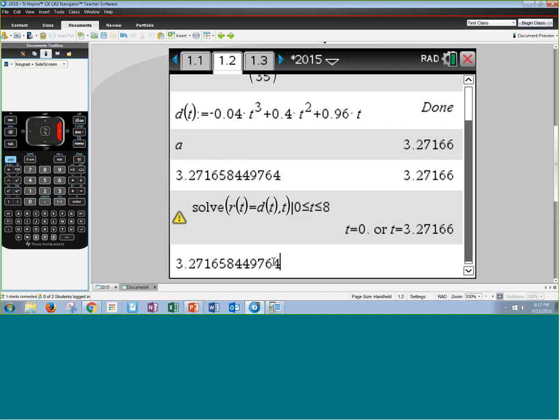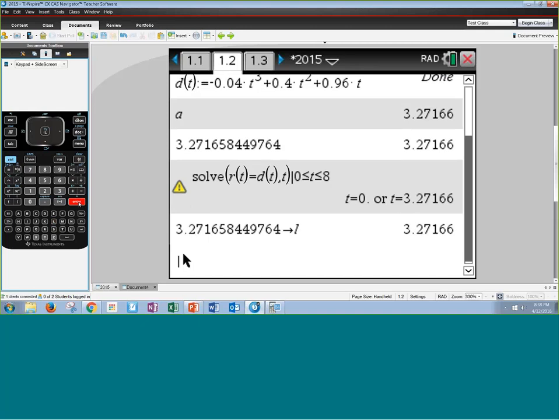Come back to the end of the decimal number, the numeral that you have here. Press control variable, which is store, and now you can store it to, well, just like an L, and hit enter. And you see that we have the same values essentially, and I went up and highlighted and pressed enter. So I'm getting the same values that I got from the graphing screen and the calculator screen as far as the point of intersection.